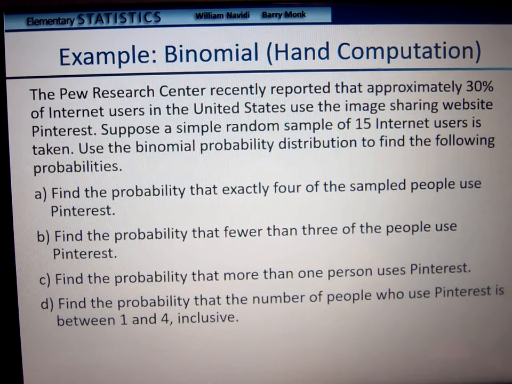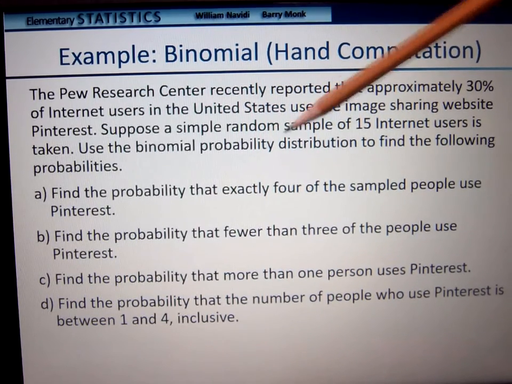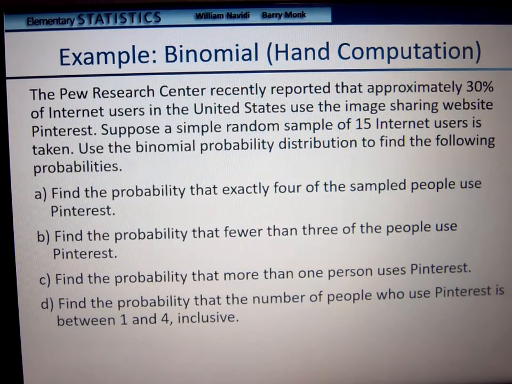A. Find the probability that exactly 4 of the sampled people use Pinterest. B. Find the probability that fewer than 3 of the people use Pinterest. C. Find the probability that more than 1 uses Pinterest. And D. Find the probability that the number of people who use Pinterest is between 1 and 4 inclusive.